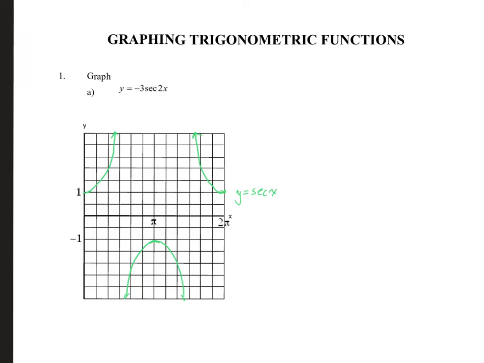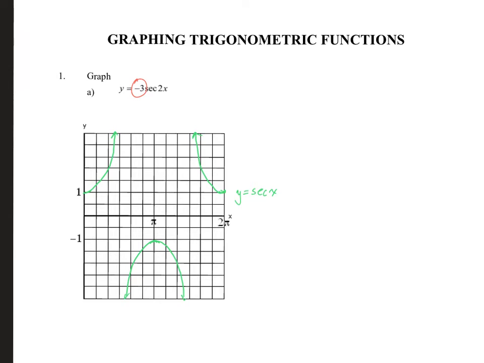Okay, now that we have that green curve, we're going to deal with those as transformations. So I'm going to do this using some intermediate graphs. The first thing that I may examine is dealing with the -3 as a coefficient.